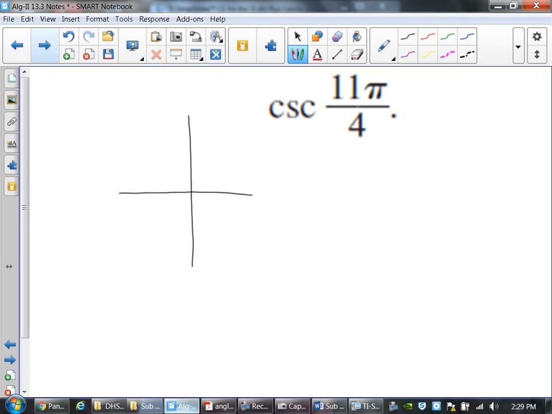So this is 2 3/4 pi. So I spin around. There's 2 pi. Now 3/4 pi. What quadrant does that get me to? 2 again. What's the reference angle? Perfect. I have a reference angle of pi over 4, which is a 45-degree angle. So I draw a 45-45-90: 1, 1, root 2.